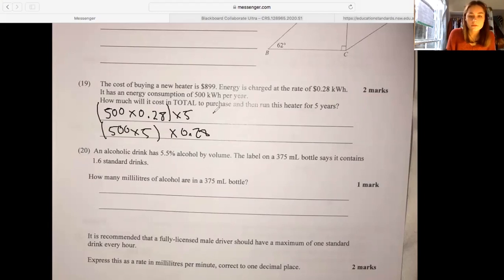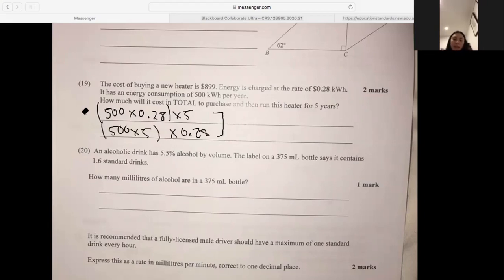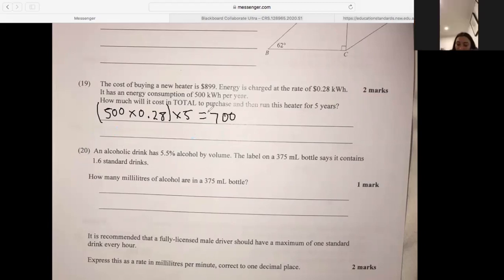Did you get 700? I haven't pressed equals yet. Which one did you do, sorry? I was doing the top one. Okay. Did you get 700? Yeah. And then do I plus that by $8.99?